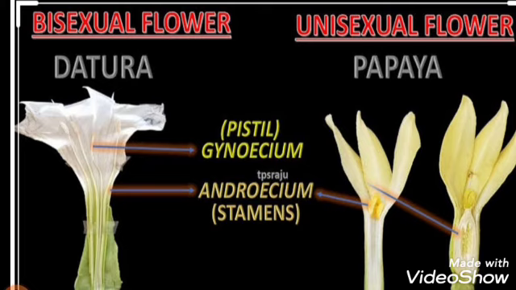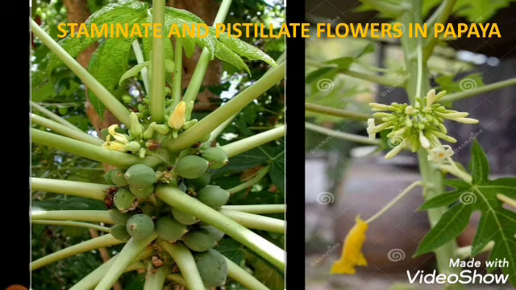While in a bisexual flower, both male and female reproductive parts are on the same flower, like shown in dhatura or hibiscus. In this, you can see the image of a staminate flower containing the male reproductive organ and a pistillate flower having the female reproductive organ.